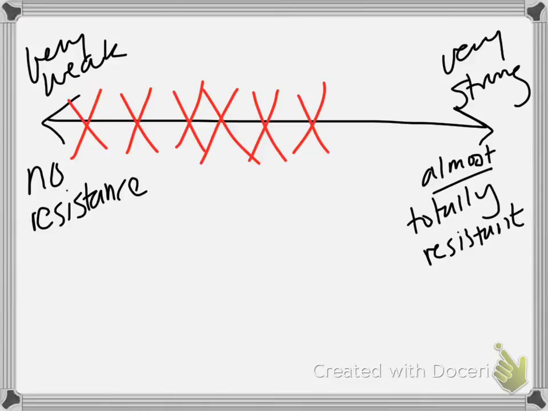Now, did the bacteria think in its little brain, bacteria don't have brains, they're unicellular, did it think, oh man, if I could just be resistant against that? No. It was lucky. It was darned lucky.